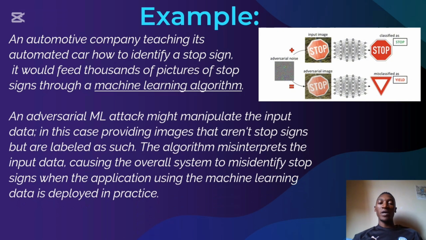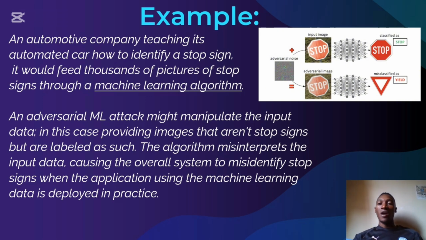But an adversarial machine learning attack can manipulate the input data, in this context the stop sign, by getting a different image and labeling it as a stop sign, and then when this model comes across it, it will misclassify it, and yet it means something different.